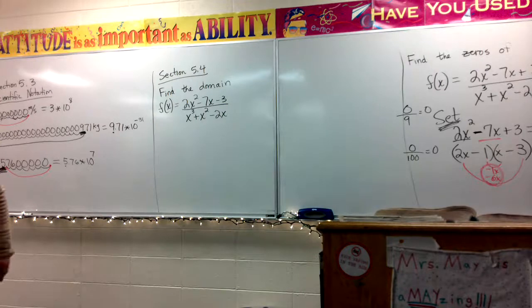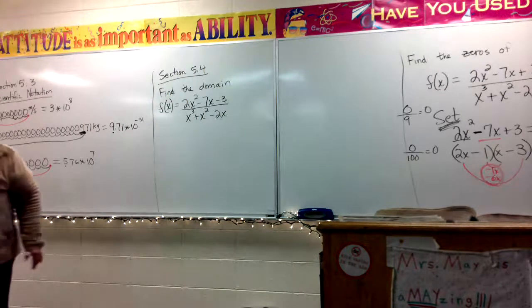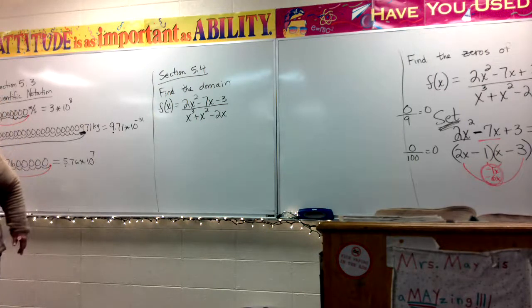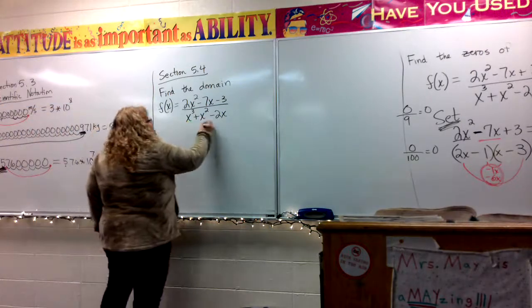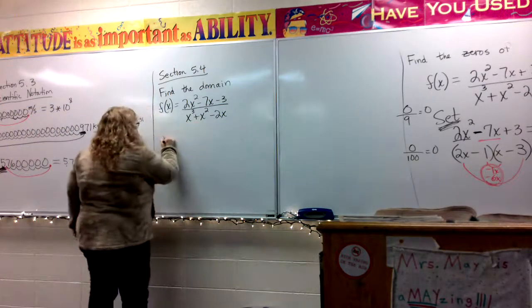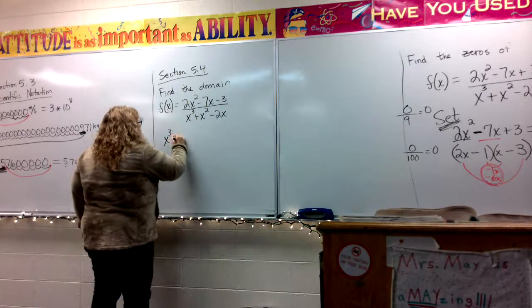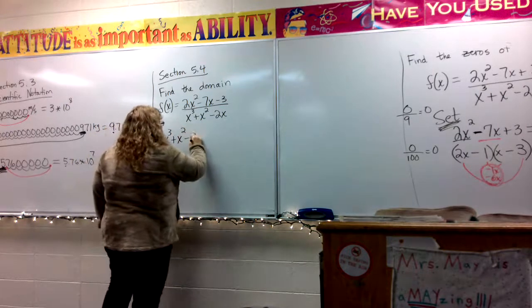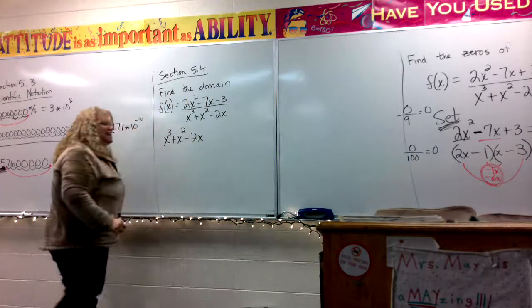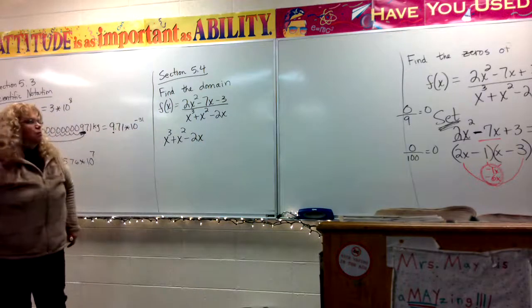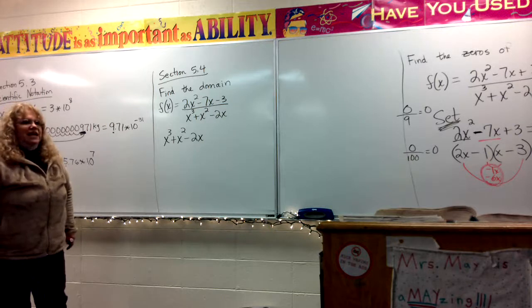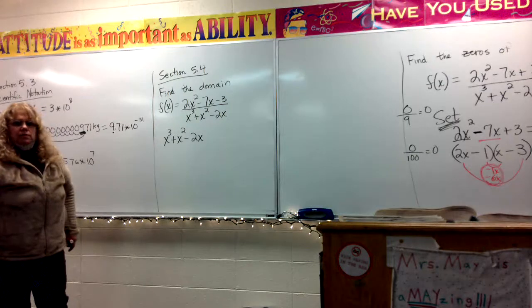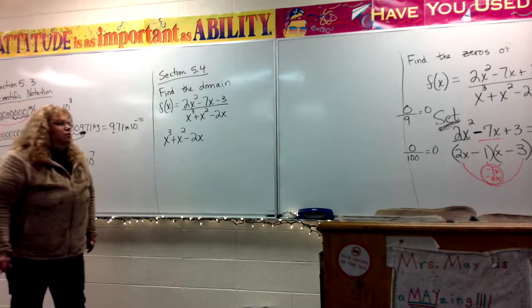For instance, 1, 2, 3, 4, 5, 6, 7, 8. That number right there, that's the speed of light. 300 million meters per second is the speed of light.